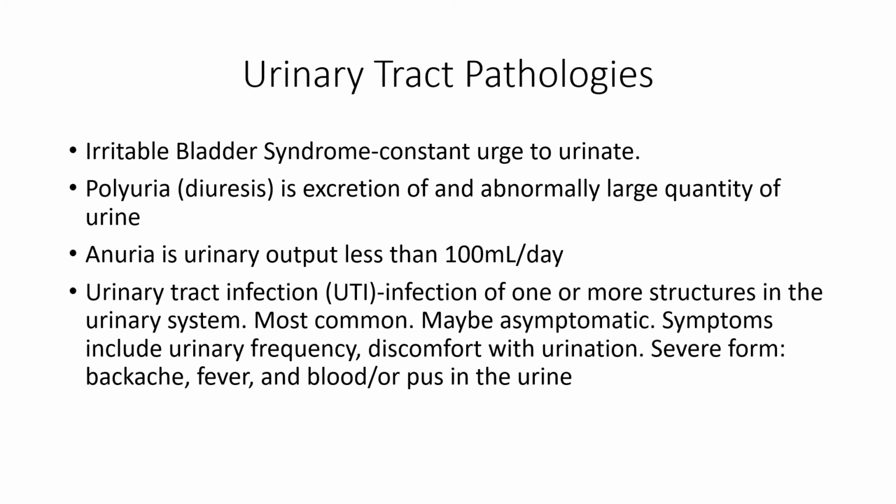Sometimes you don't have signs and symptoms of a bladder infection. And if you do, a lot of times it's that urgency to urinate. You might have a backache, fever, and there might be blood and pus in your urine with the UTIs. And when you do have UTIs, they'll test your urine and culture it and make sure that they prescribe you the correct antibiotic to kill the bacteria.